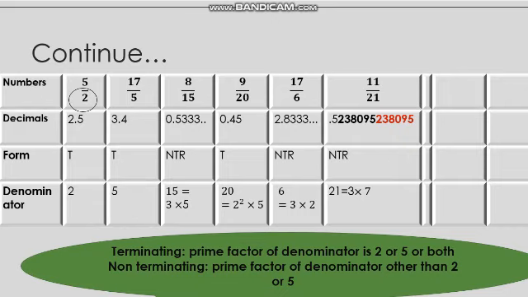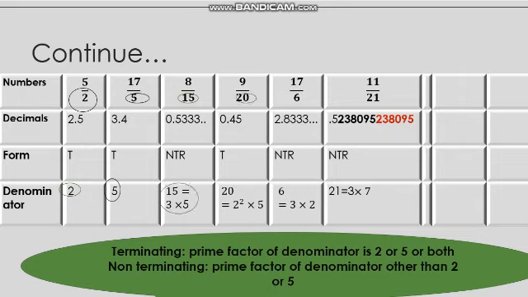Firstly, we have to note down the denominator of each number. Here the denominator of the first number is 2, we write it over here. For the next number, the denominator is 5. Similarly, the next is 15. Actually, we have to find the prime factors of these denominators. The prime factors of 15 are 3 multiplied by 5.